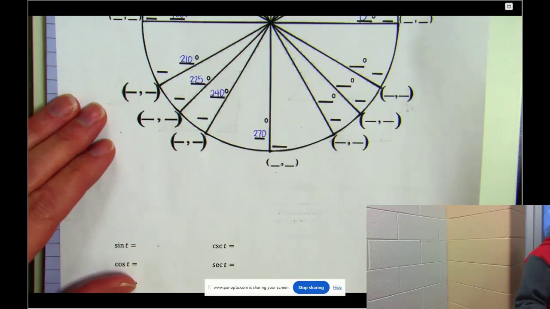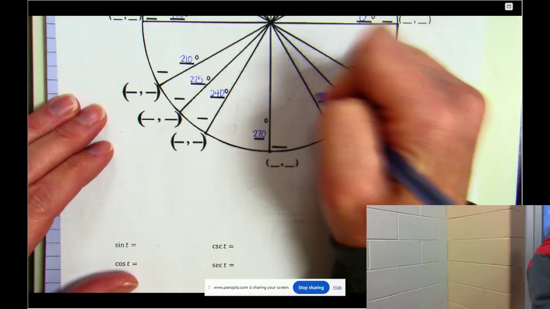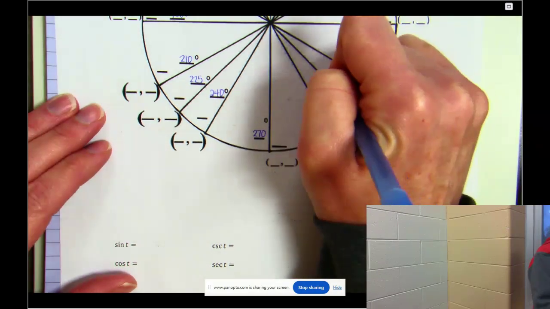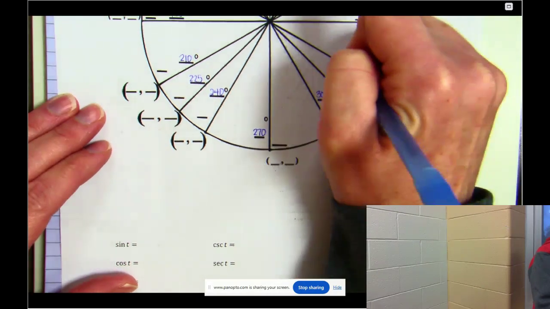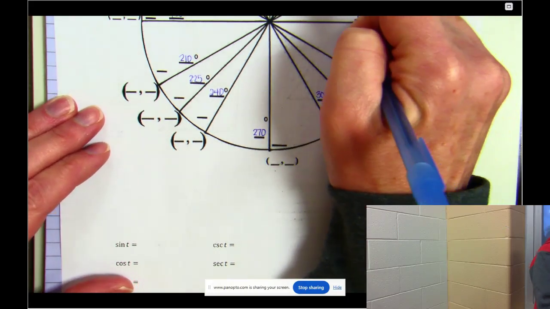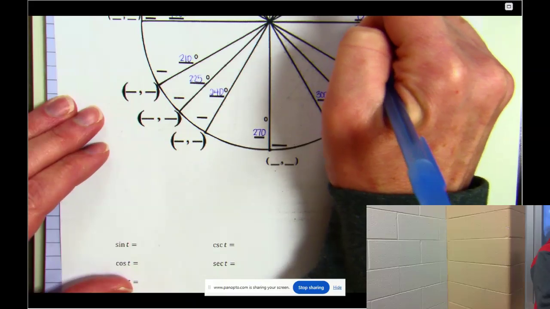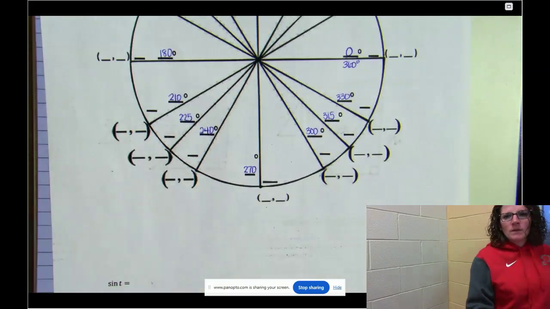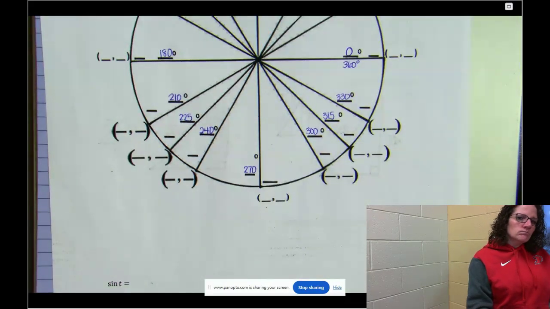And then over here is 300, 315, 330. If you want, it would be a good idea to put the 360 on there also. Even though those are coterminal, we do care about 360 degrees.